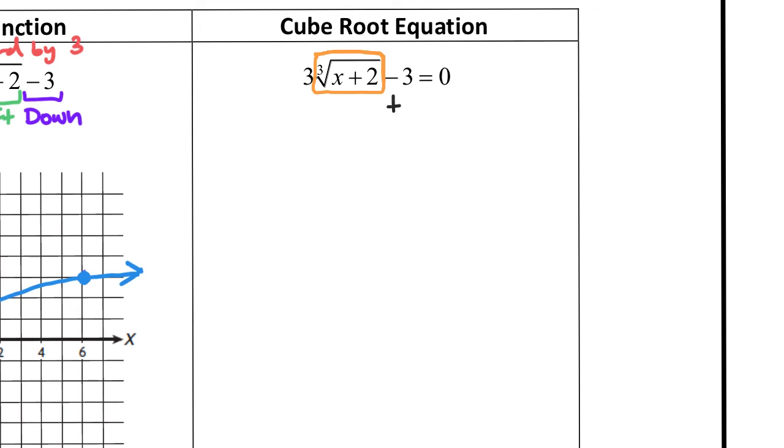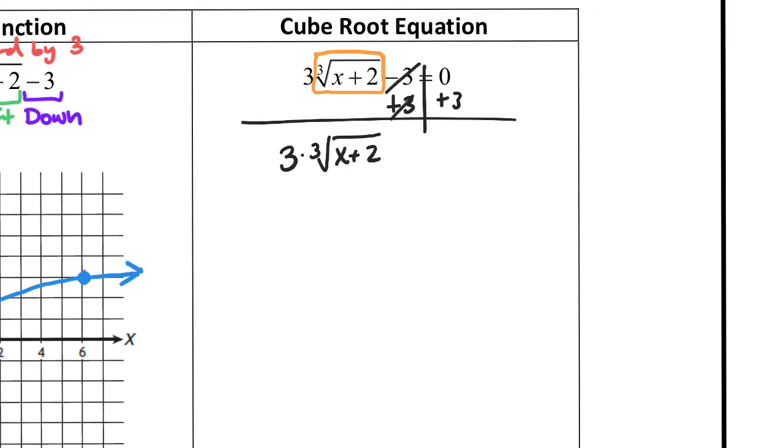So I'm going to have to add 3 on both sides. I get 3 times the cube root of x plus 2, these cancel, equals 3. Then I'm going to divide both sides by 3 to cancel this 3 and this 3.